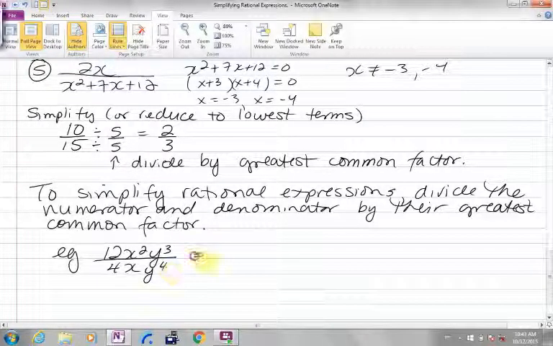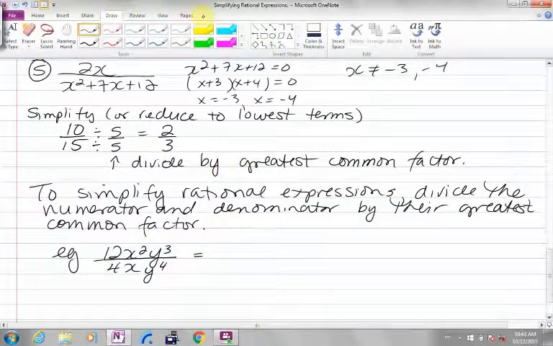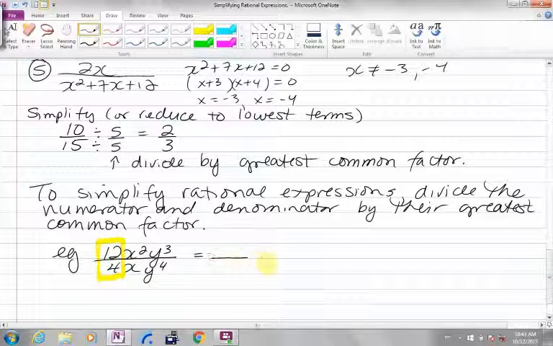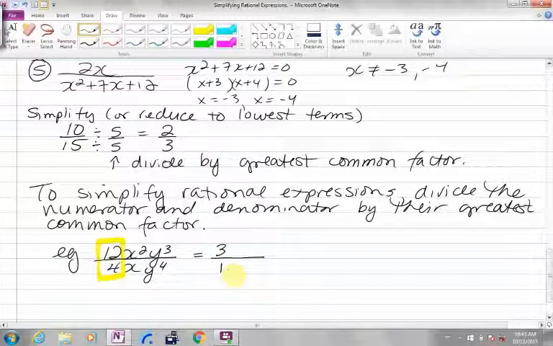So if I was going to reduce this or simplify it, I would look at each piece of it with like terms. So I'd first reduce the numeric part. So what would that reduce down to? Twelve over 4 reduces down to 3 over 1, because we would divide top and bottom by the common factor of 4.